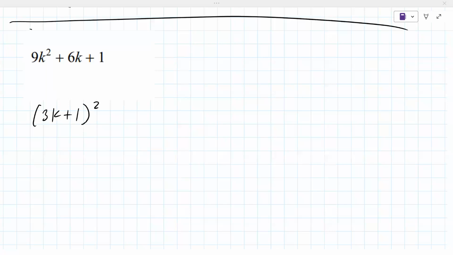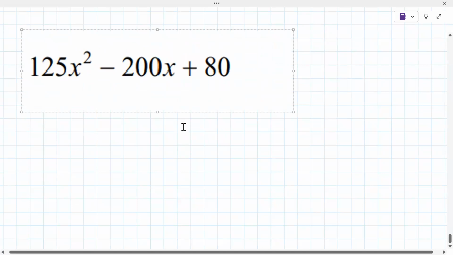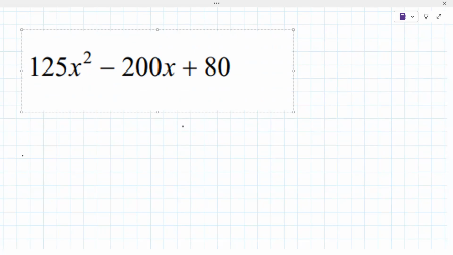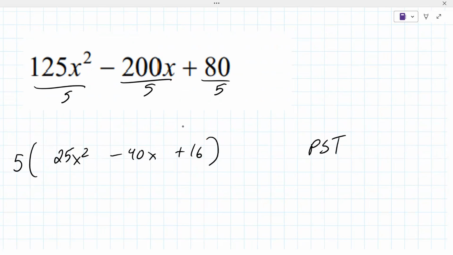And that's why it's so important that you're always remembering GCF, GCF, GCF. This one has a GCF, and I'll tell you what the GCF is because I don't want you to. This becomes 25x squared minus 40x plus 16, and now it is a perfect square trinomial.